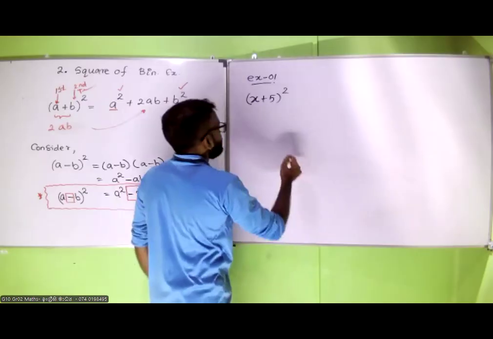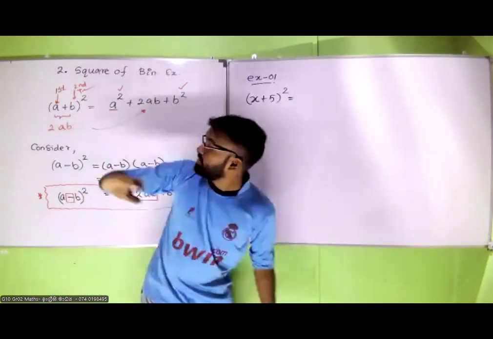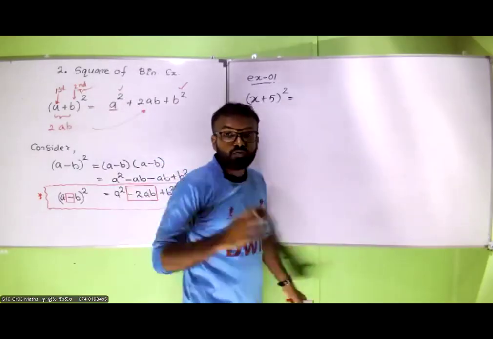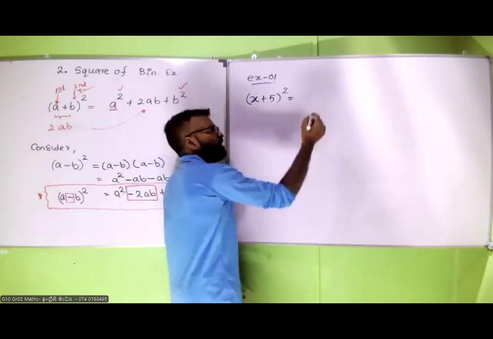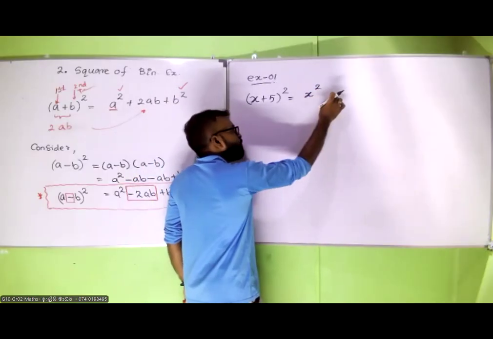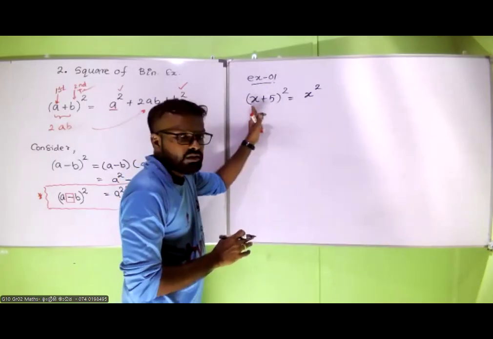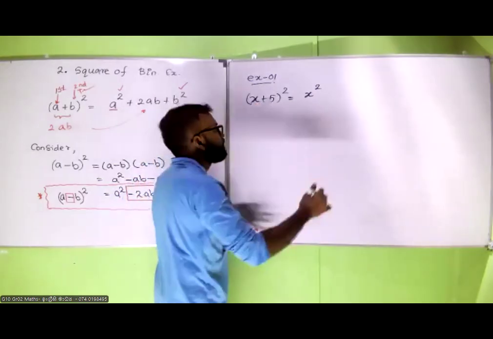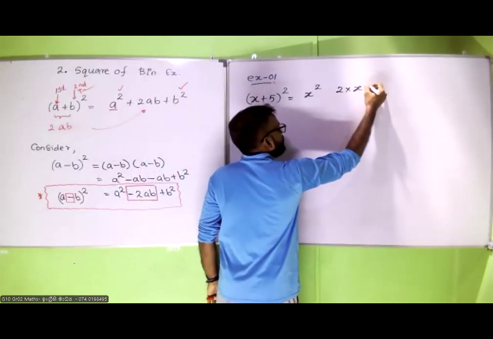So how you are going to do this? According to this, the square of the first term x is x square. How to get the middle term? 2 times the product of these two terms, 2 multiplied by x into 5.